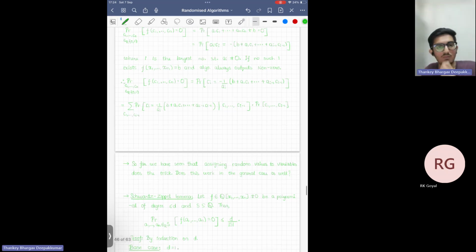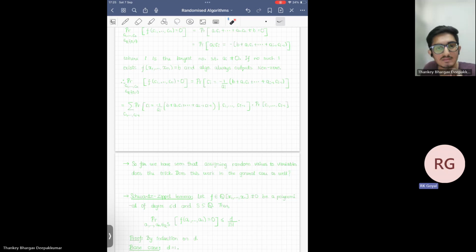The formal way to fix something is to condition on that and then multiply with the probability. Because what I'm saying here is that this is true and I fix C1 to Ci minus 1.